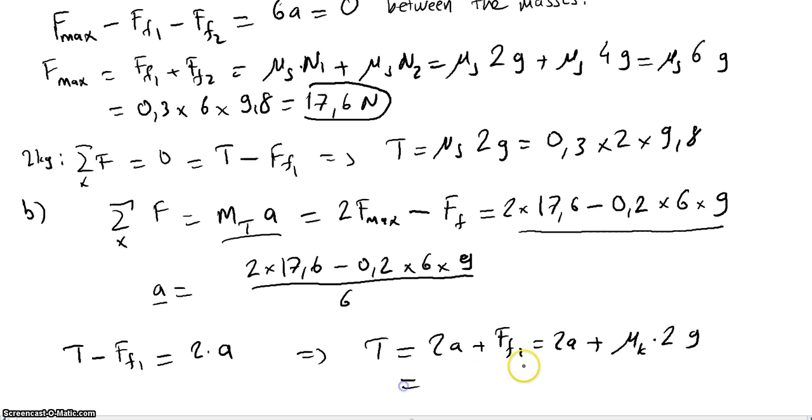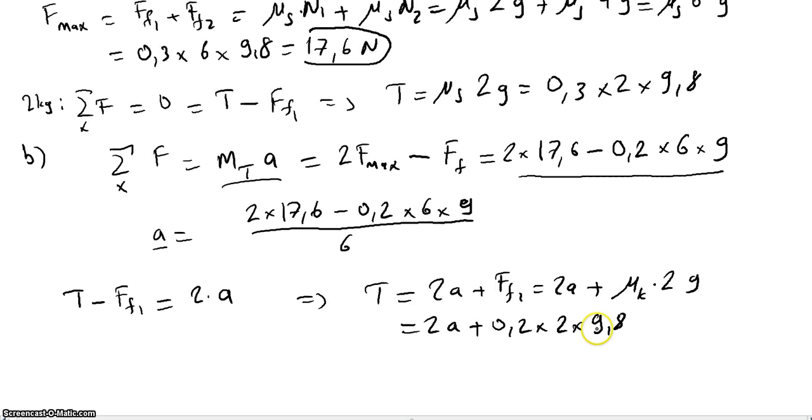Let's write these explicitly: 2A plus 0.2 times 2 times 9.8. A is already found from this part, and we already know all the numerical values. The only thing left is to plug these numbers into your calculator to find T. So this completes our solution.